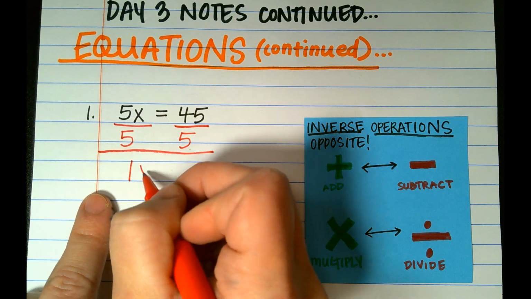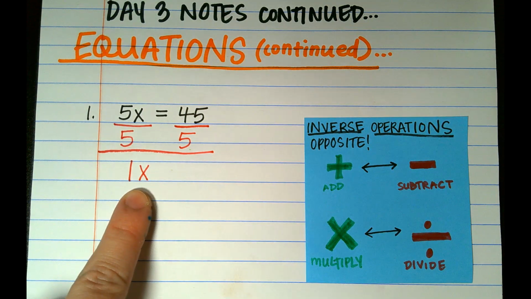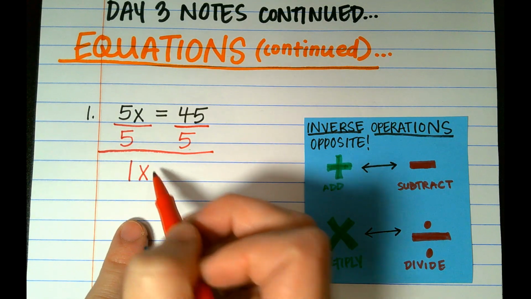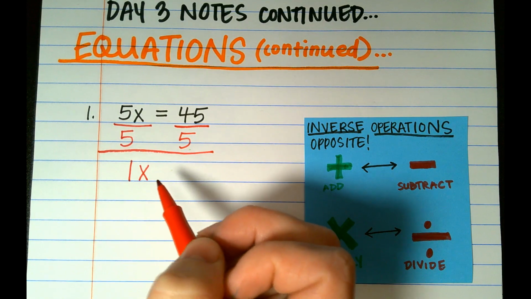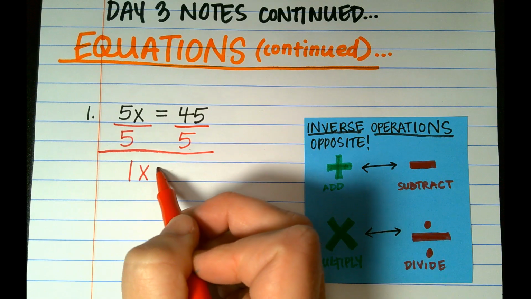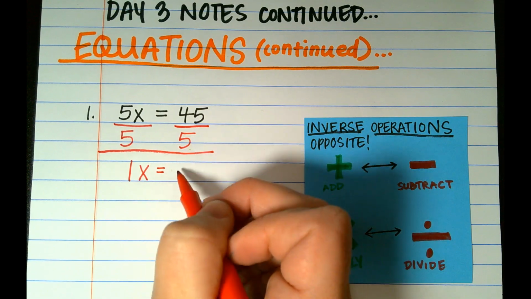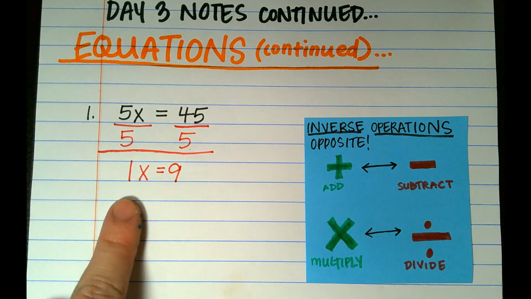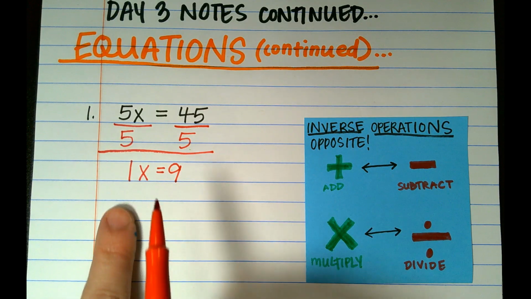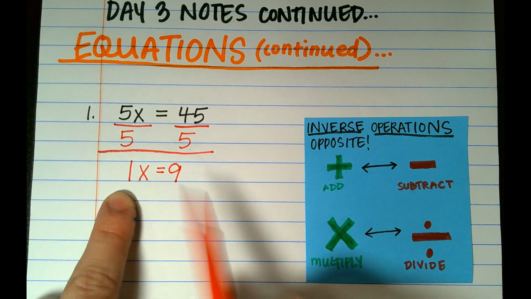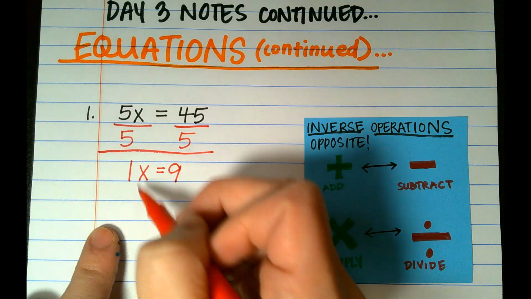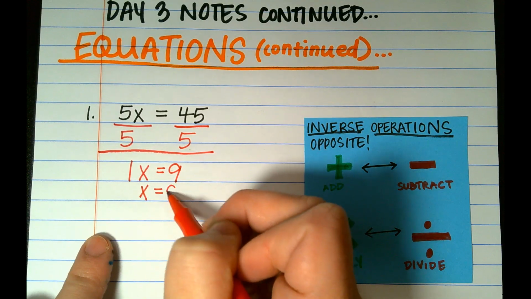So we get 1x. But the only thing I had to do was divide by 5. So it equals, what's 45 divided by 5? 9. And you guys remember earlier, whenever we had 1 times something, we could just get rid of the 1? We can do that here. x equals 9.